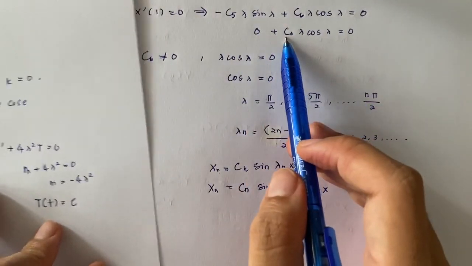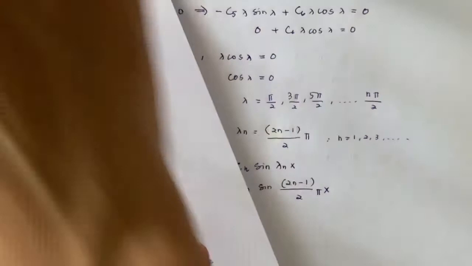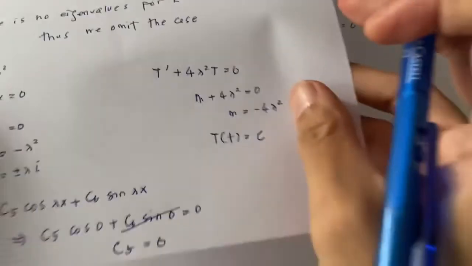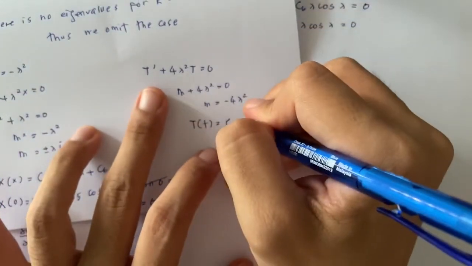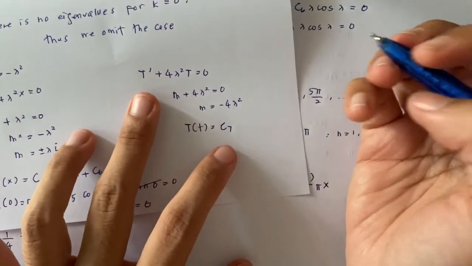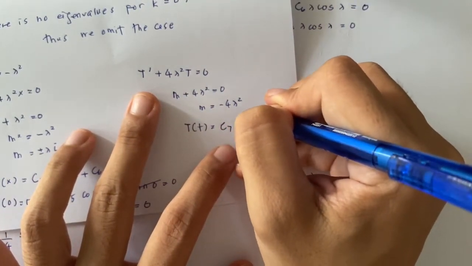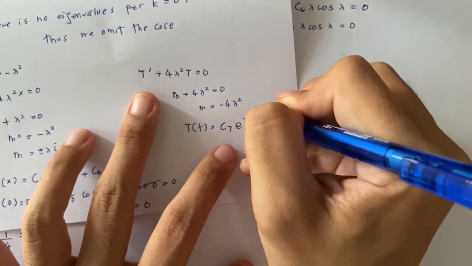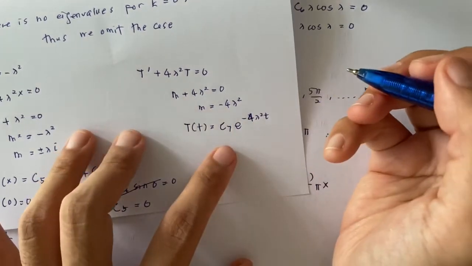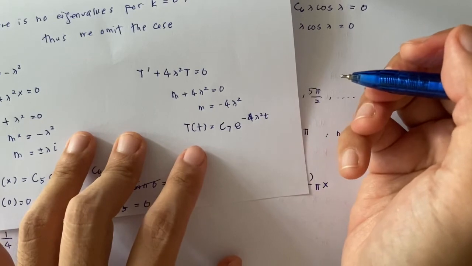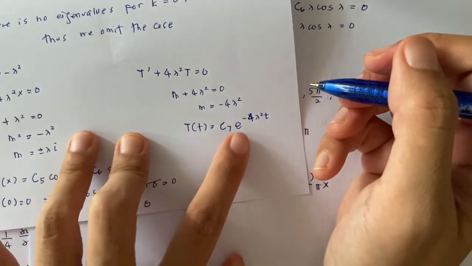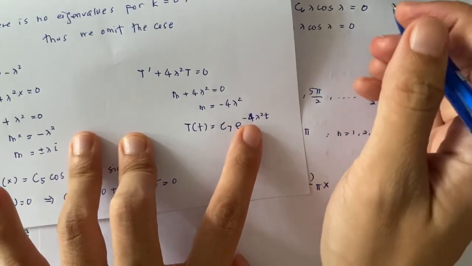We stopped at c6, so we have c7 here. c7 exponent minus 4 lambda square t. We have t equal to c7 exponent minus 4 lambda square t.